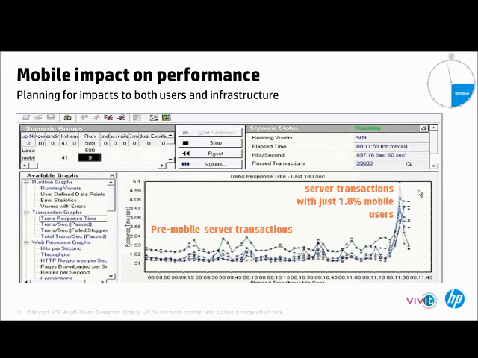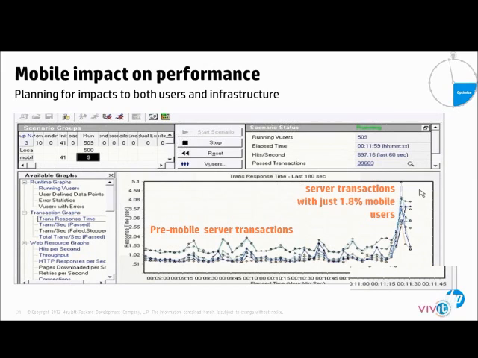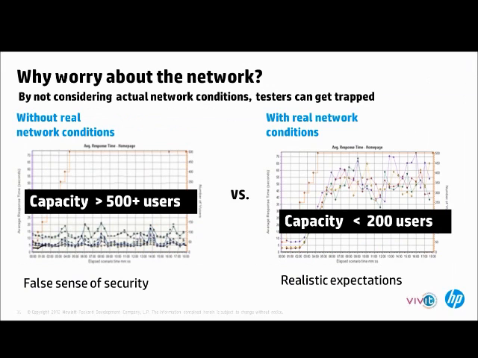So in this example, before any real network conditions were injected into the load testing, we can see that almost 70 users were concurrently accessing this application, and the response times were pretty good.